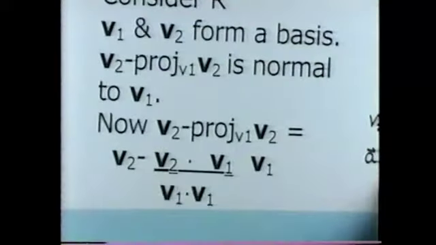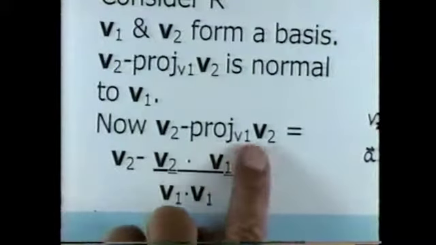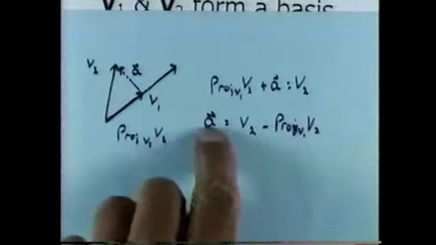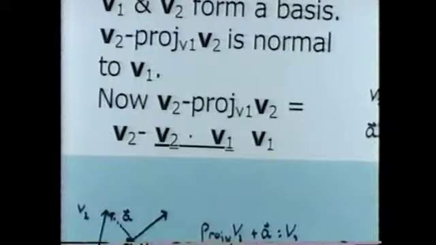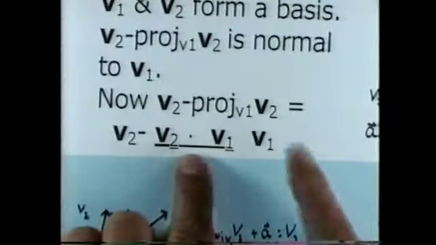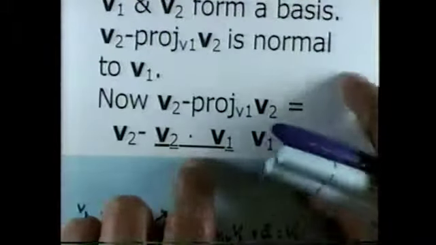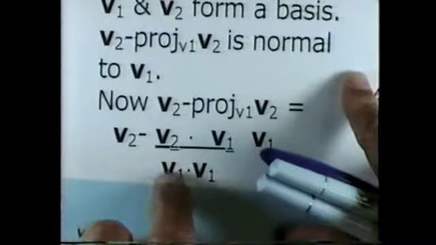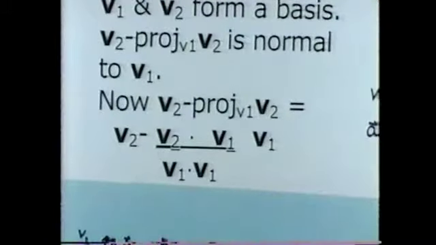But now, what does that equal? V2 minus the projection of V2 onto V1, that's the vector A that we're dealing with here, is equal to V2 minus, from the last lesson, V2 dot V1 divided by V1 dot V1 times V1.